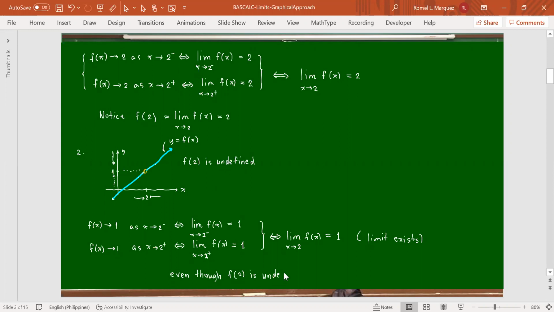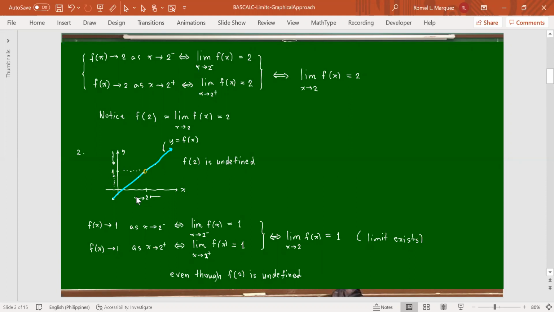So see the difference between the function value now, guys, and the limit? Are you seeing the difference, guys? Function value is the actual value of the function, meaning the value of x must be in the domain and there must be a corresponding real value for y. But for the limit, the x that we are considering, let's say the limit at 2, we want only your x to be very, very close to 2.